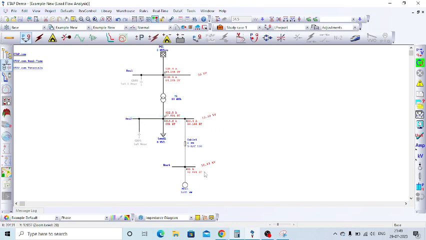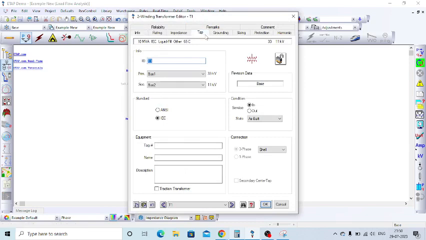You just see this bus 4. This bus 4 is 10.93 kV only. It is not closer to 11, but it is 10.93. Suppose I need to regulate this bus voltage, what do I have to do? I have to change the regulating bus.